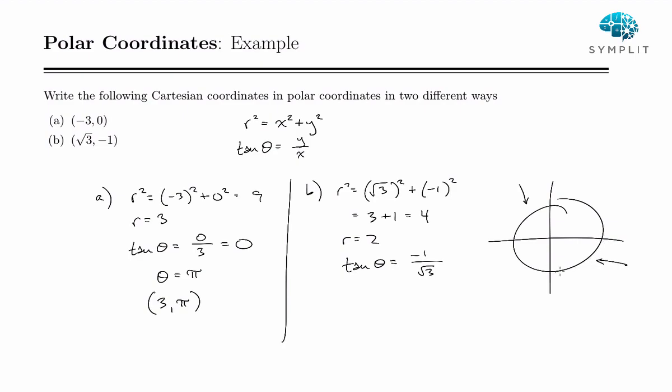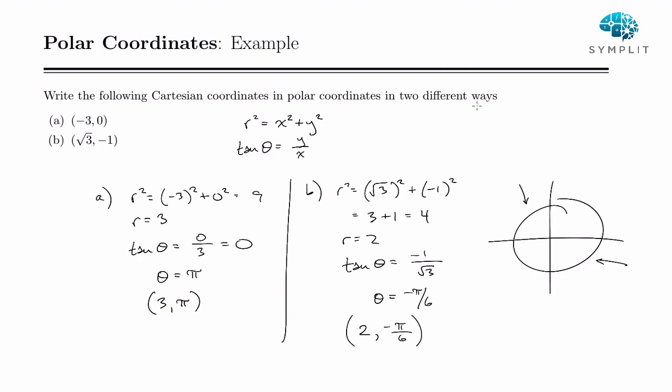So if we choose an angle down here, then we'll be good. So -1 over root 3, that happens when theta is equal to, let's see, negative pi over 6. And so then our coordinate is r, theta equals 2, negative pi over 6.